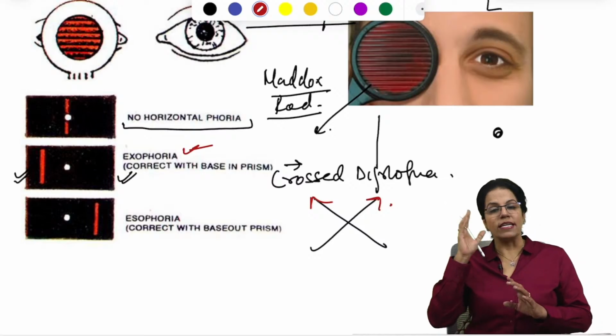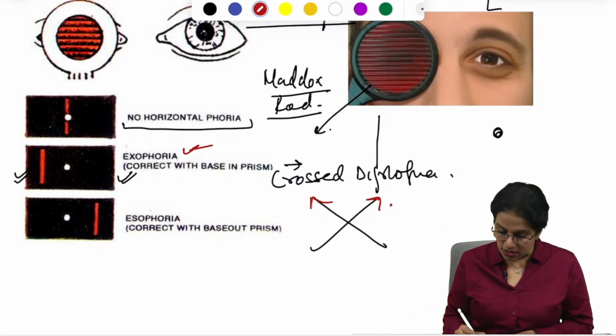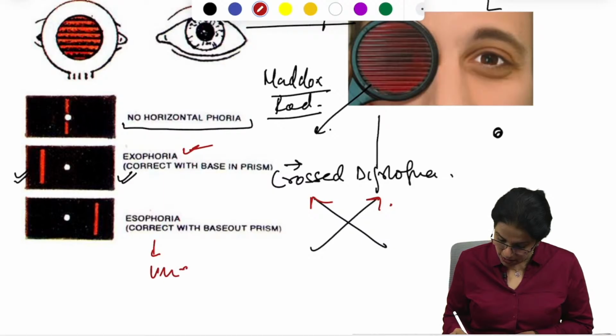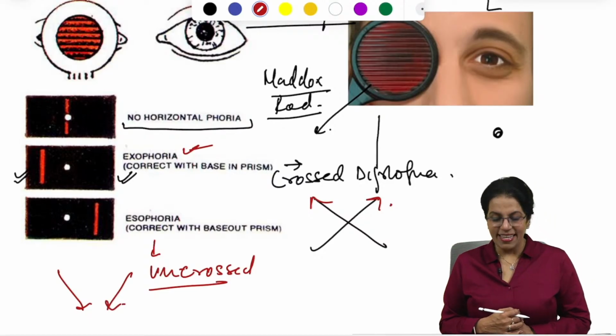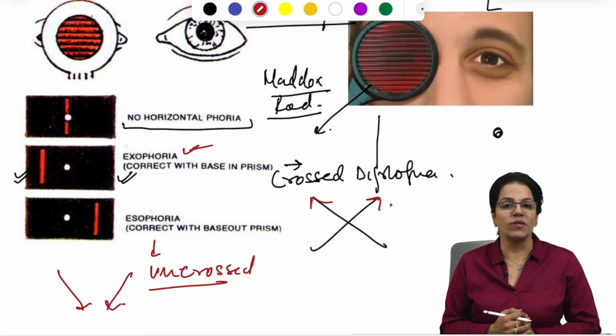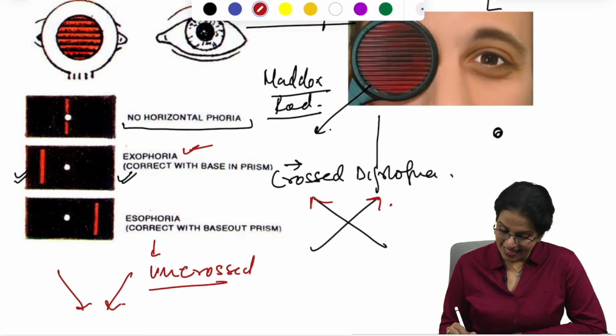And if he says no, the line is seen on the right side and the spot on the left, it is uncrossed. And in uncrossed, what do you go for? Again make the diagram, you'll never forget. No crossing means it's an eso. In convergent, there is no crossing. So it's an esophoria. And how do you correct it? This is written, no?